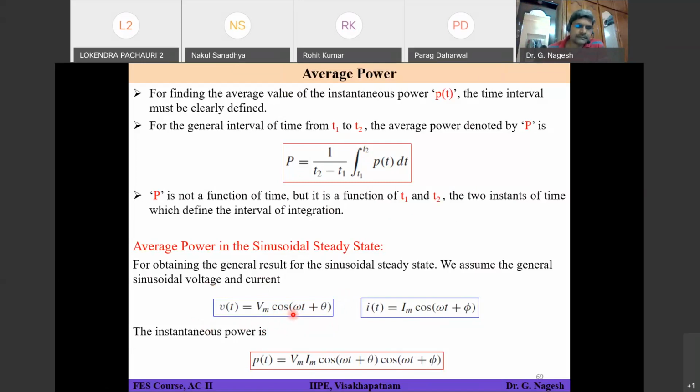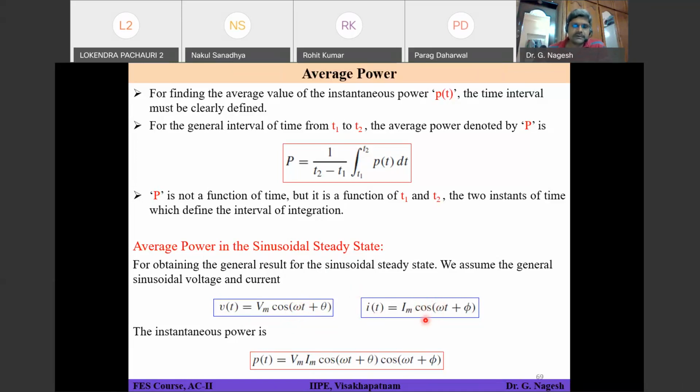You are understanding, no? So that means you have a voltage source of, let's say, 50 hertz. So f is 50 and your time period for this voltage will be T equals 1 by f. That means 1 by 50, so that will be equal to 20 milliseconds. For current also, the omega is same.